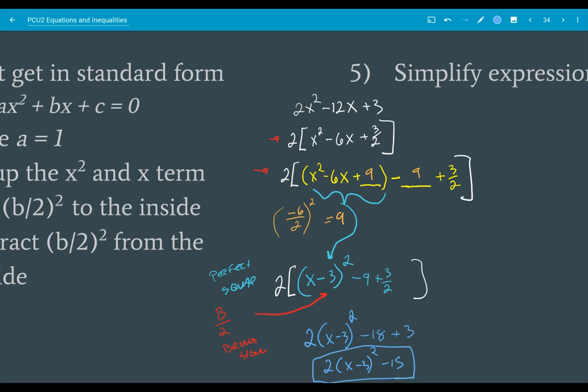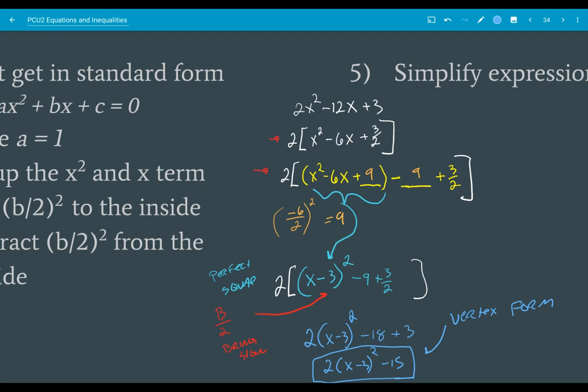And that is our function in vertex form. And if you plug our equation into your calculator, so a is 2, b is negative 12, and c is 3, you get x1 and x2 as irrational decimals.